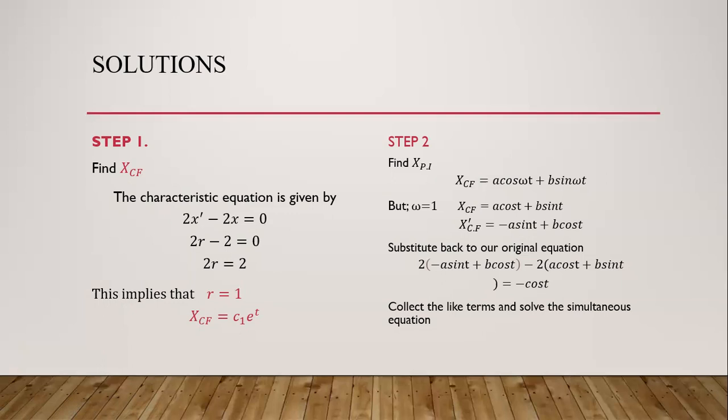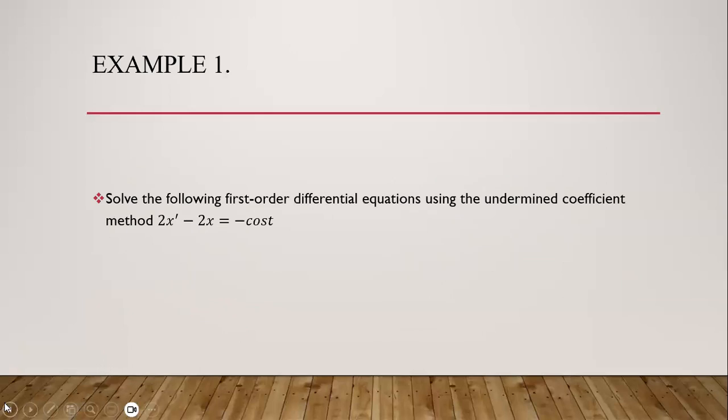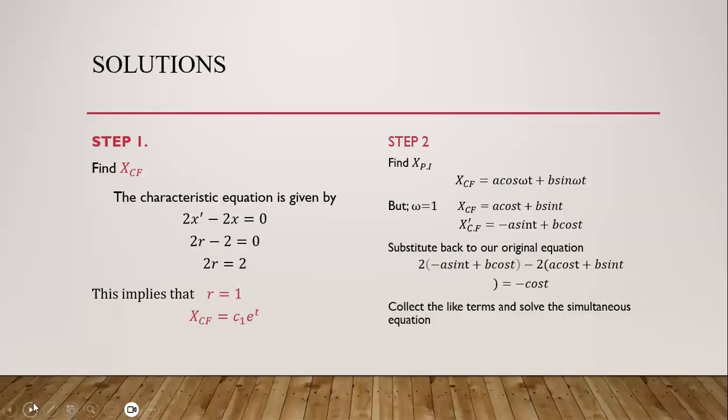For our case, our omega is 1. That's why our x_p will be a cos t plus b sin t.